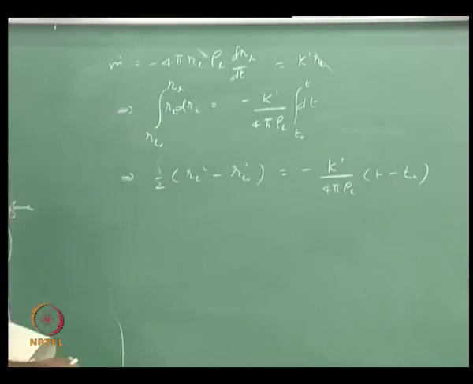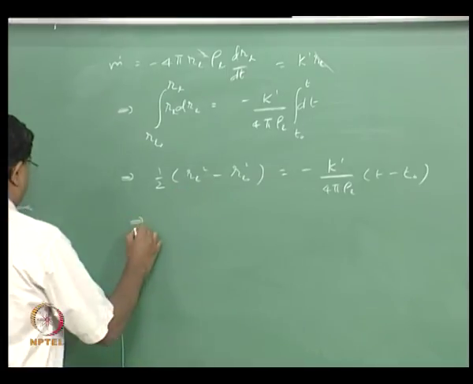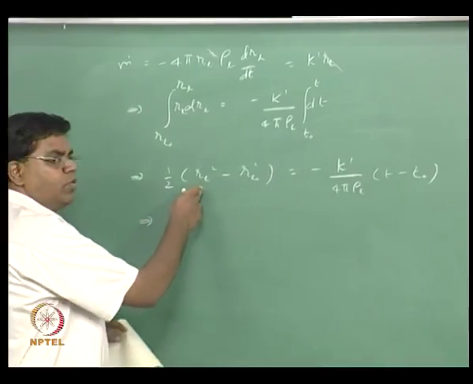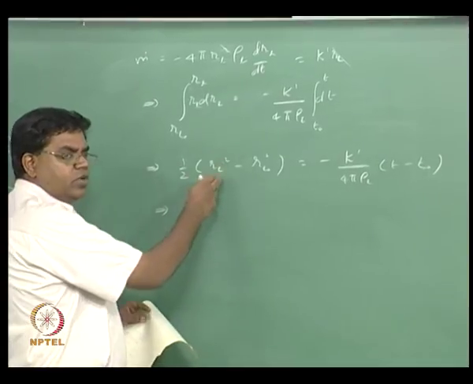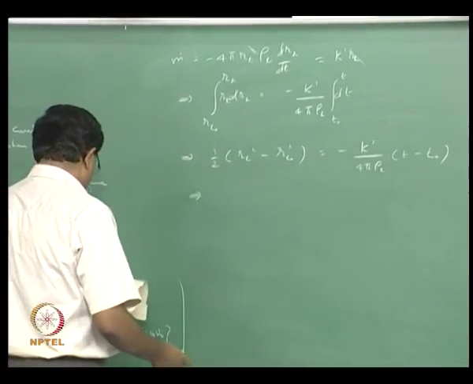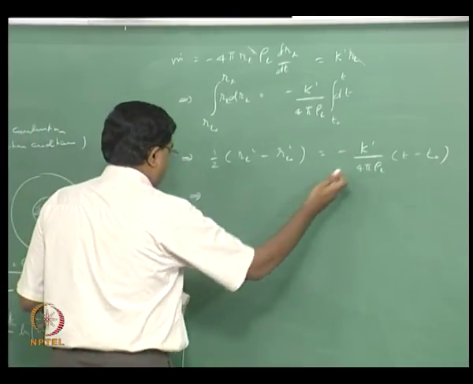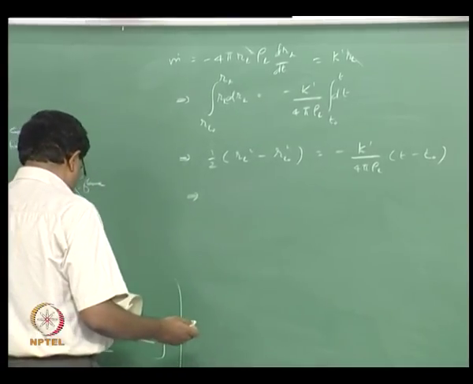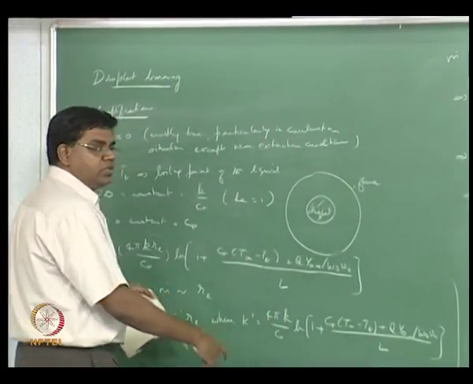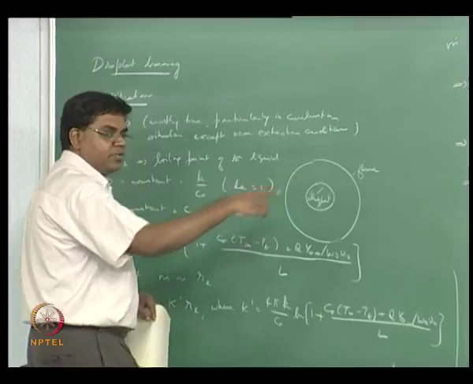Therefore we want to keep things positive, and keep in mind RL is nothing but dl over 2, so RL squared will be dl squared over 4, and so the 4 and 2 get together to make an 8. Then you have a 4 pi that's going to go away, but k prime also has a 4 pi, so don't be in a hurry to cancel that with the 8.